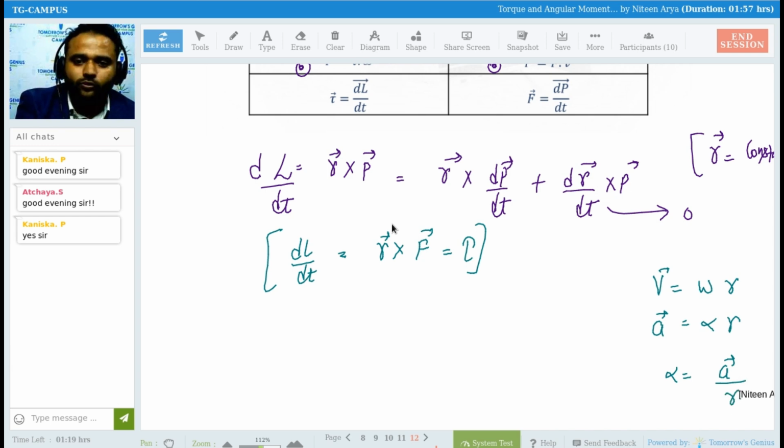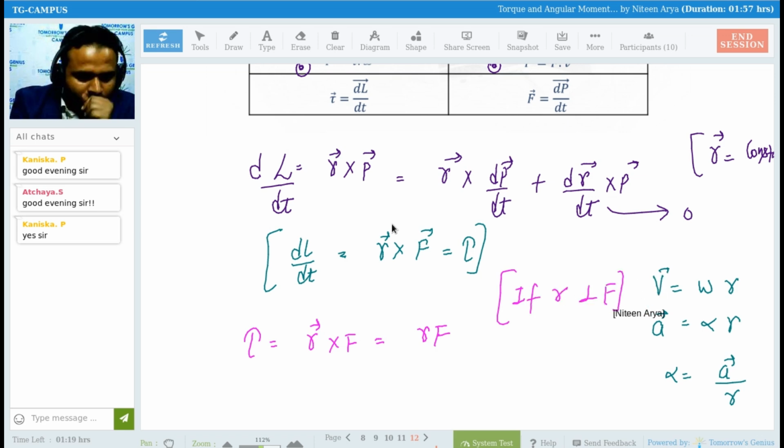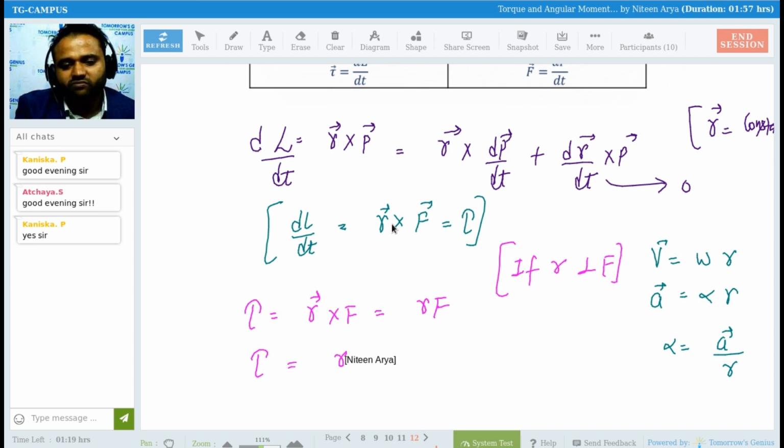Clear? Why am I doing this? Just a minute, give me some time. As we know, torque tau equals r cross F. Suppose they are perpendicular to each other, if r is perpendicular to F. Clear? So torque tau equals r ma.